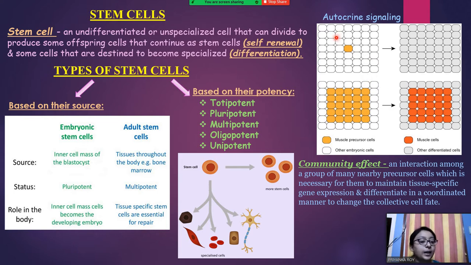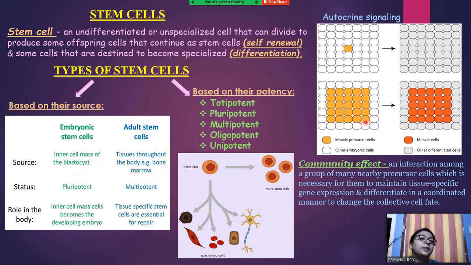The first one is that there is only a single cell. So here the other neighboring cells are inducing an alternative signaling to this particular precursor cell, and it is inhibiting that it cannot form the muscle cell which it is supposed to form. Instead it is getting differentiated into something else.